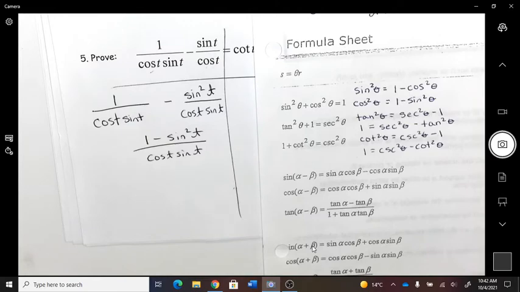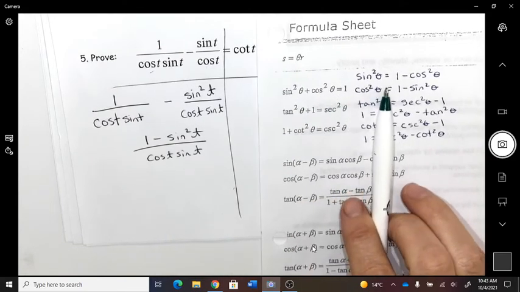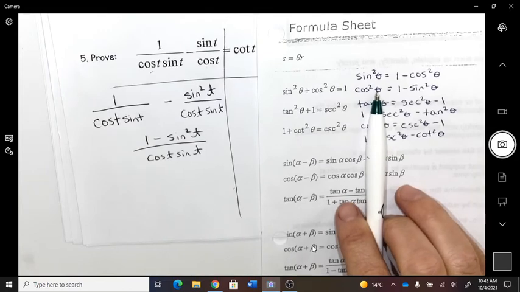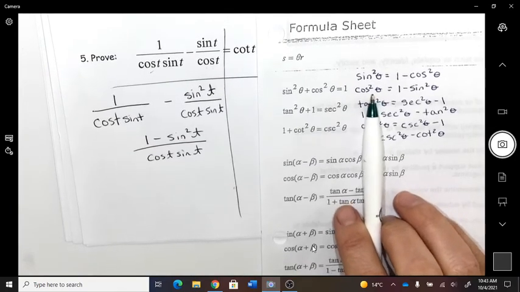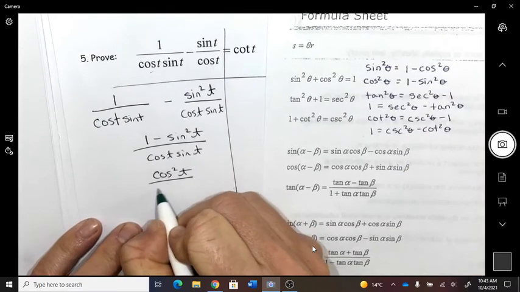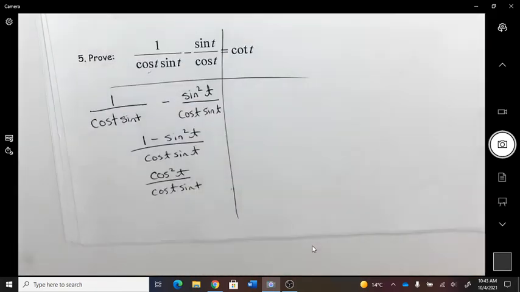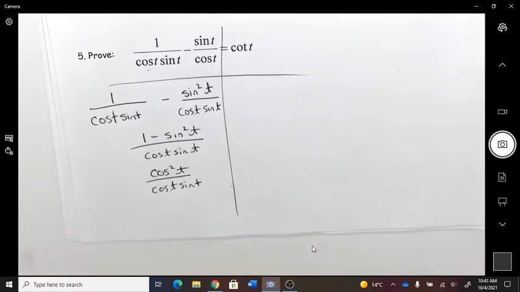You have a 1 and a sine, so right here, cosine squared can be replaced. Okay, formula sheet was replaced. Now what?